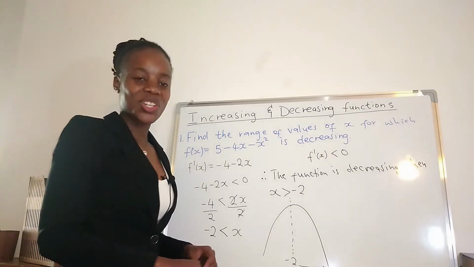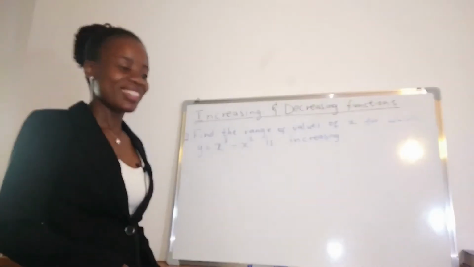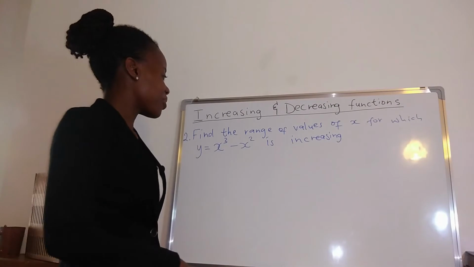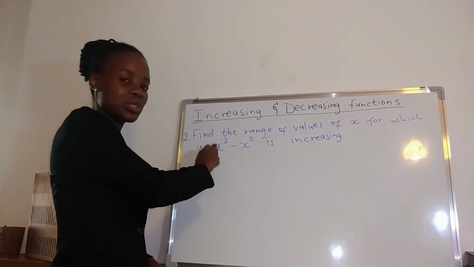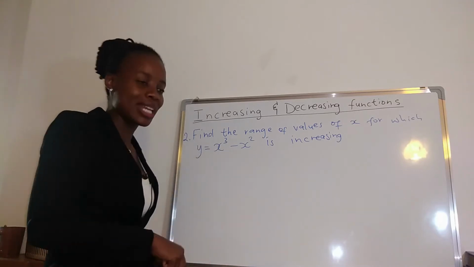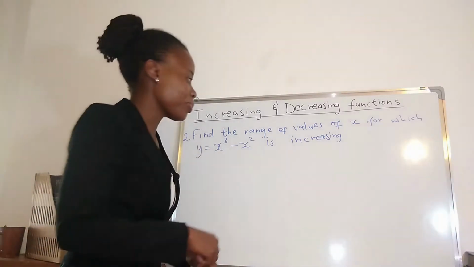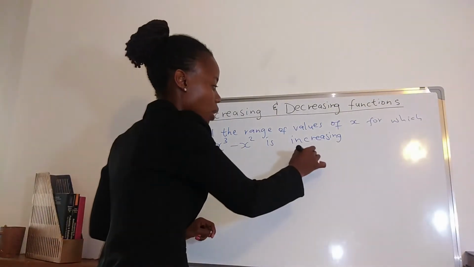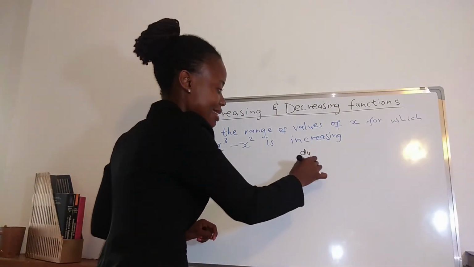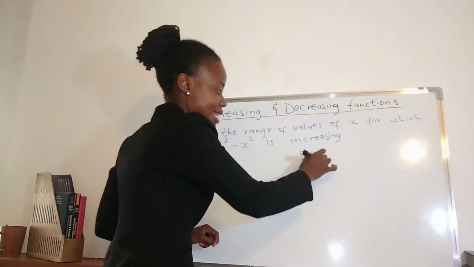Now let's get to number 2. Okay, number 2: find the range of values of x for which y equals x to the power 3 minus x squared is increasing. So we know that when it's increasing, dy over dx is supposed to be greater than 0.